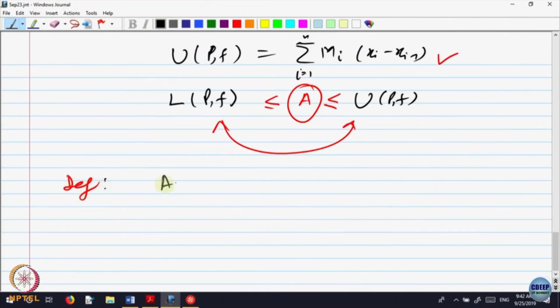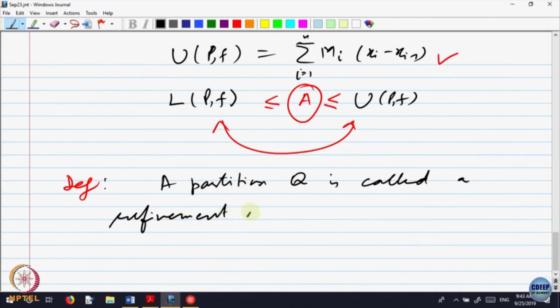A partition Q is called a refinement of a partition P if, let me write, P is a subset of Q.